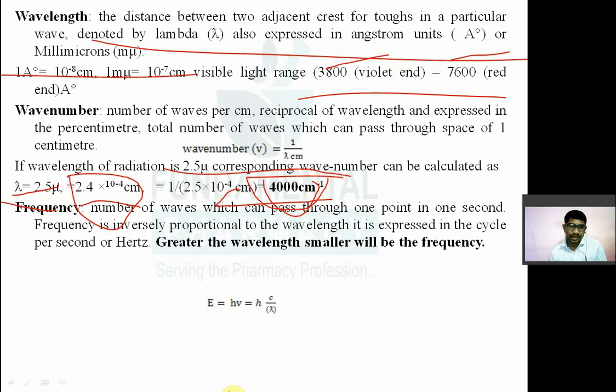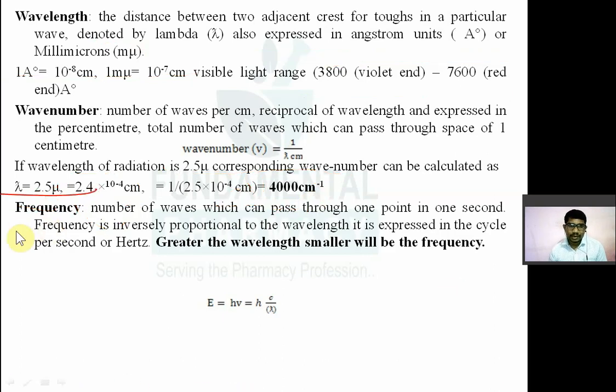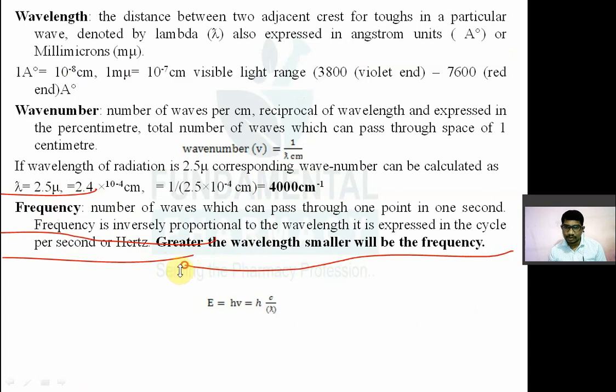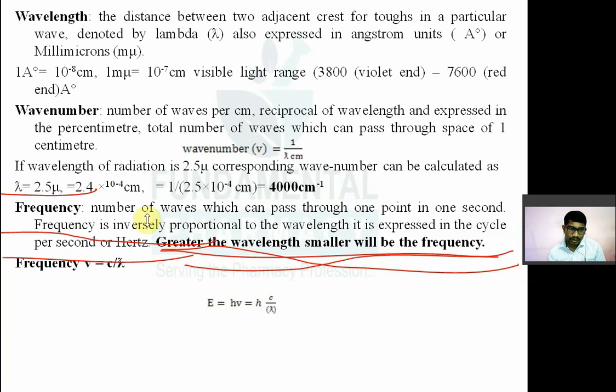What is frequency? Number of waves that can pass through one point in 1 second. Frequency is inversely proportional to the wavelength and it is expressed as cycles per second or hertz. We have seen that greater the wavelength, smaller will be the frequency. Remember this: the one with greater wavelength has lower frequency, and the one with greater frequency has lower wavelength. The one with greater frequency has more energy, and the one with greater wavelength has less energy. So frequency is equal to C divided by lambda.